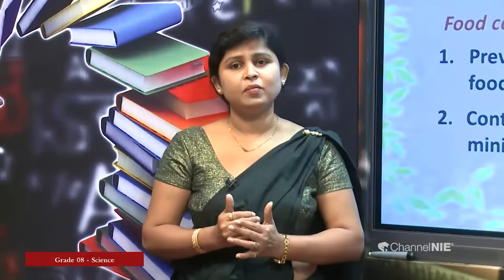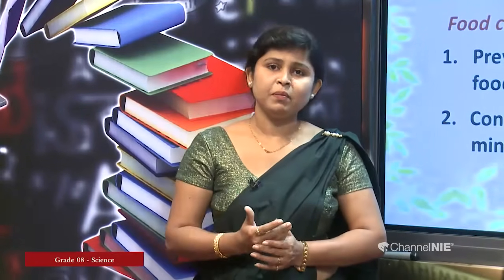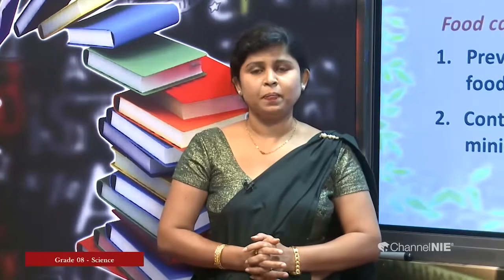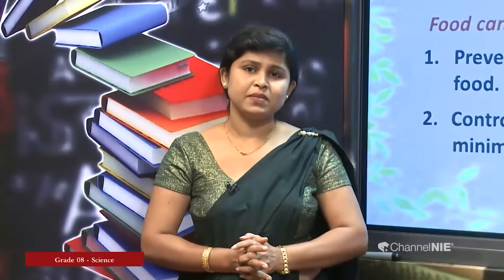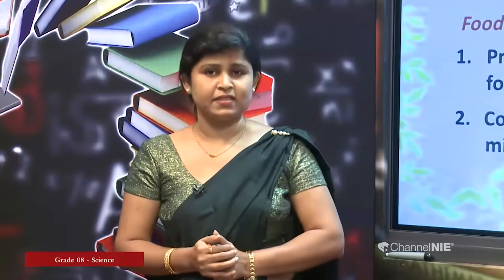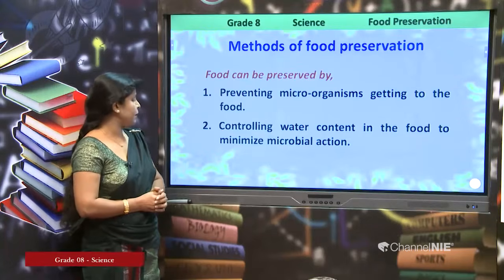Then they need moisture. Then they need a favorable temperature and a favorable pH value. There are certain factors required by microorganisms. So, we can preserve the food items by controlling those factors. It is important. So, that is why it is given in this way.